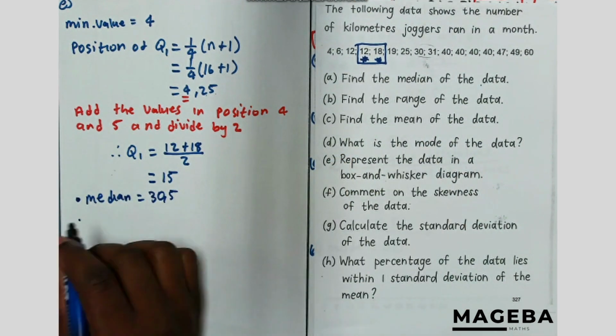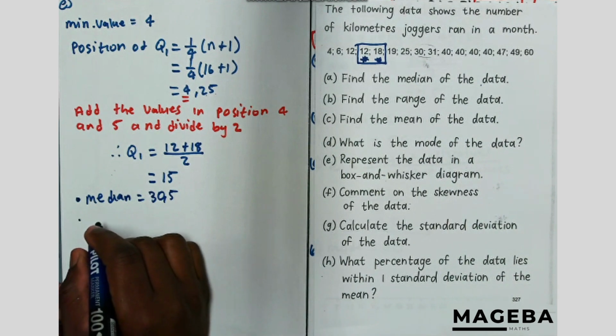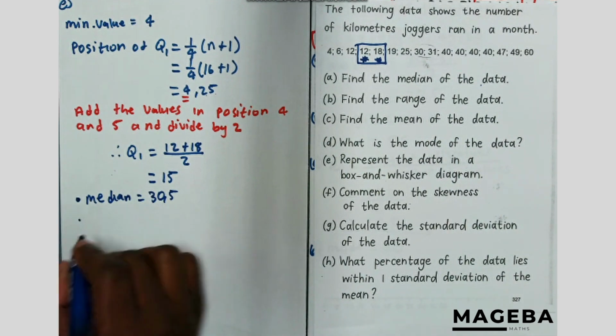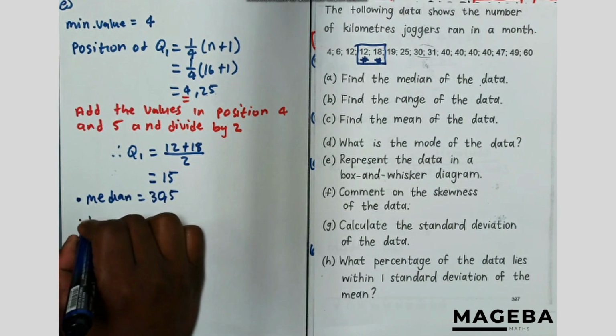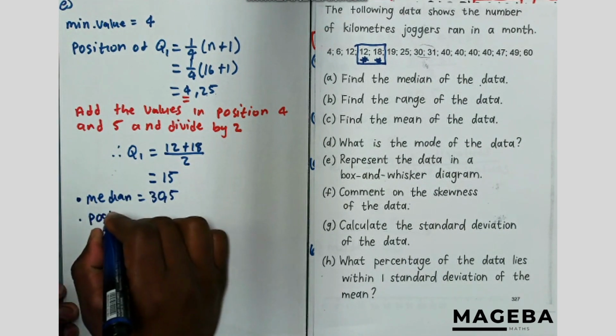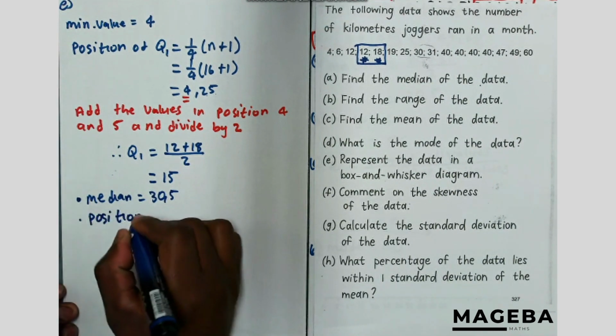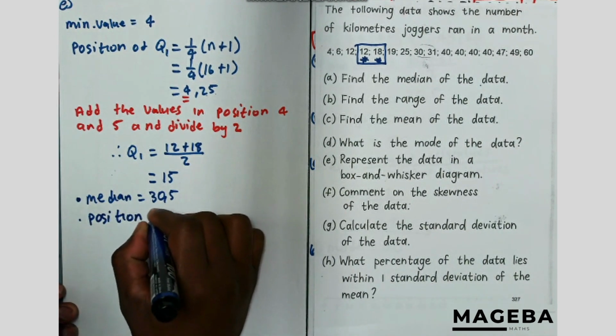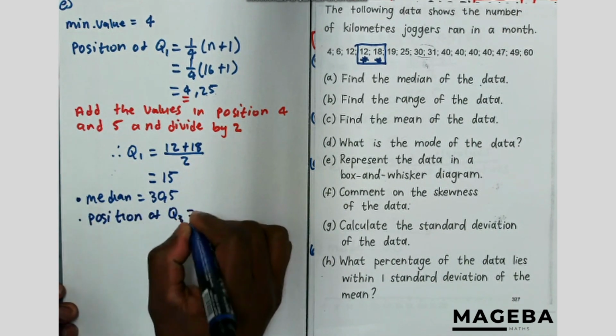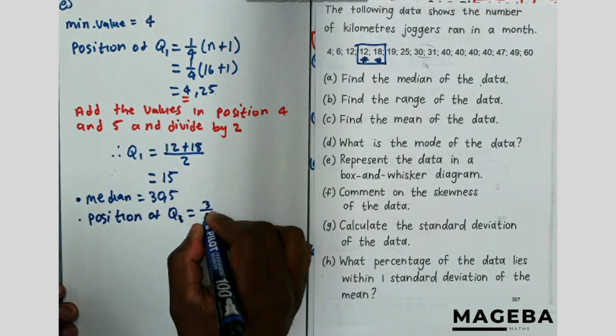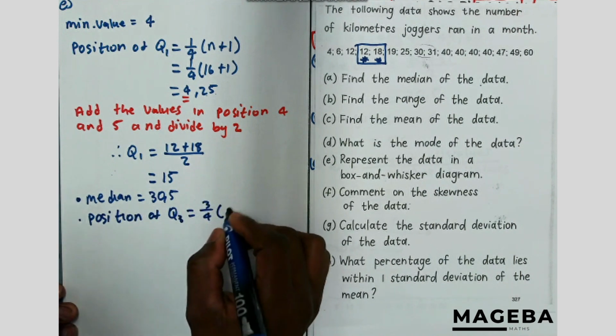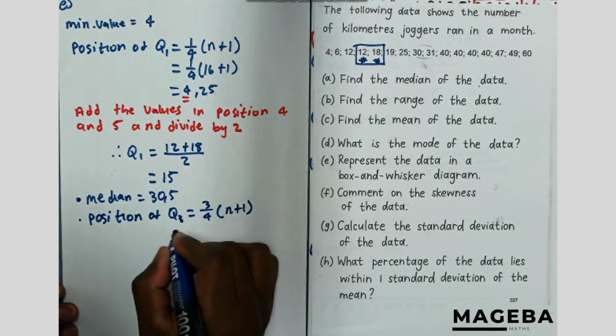Now let's go and find Q3. How do you find Q3? First, you use the formula for finding the position of Q3. It's 3 over 4, and for ungrouped data, it's n plus 1.